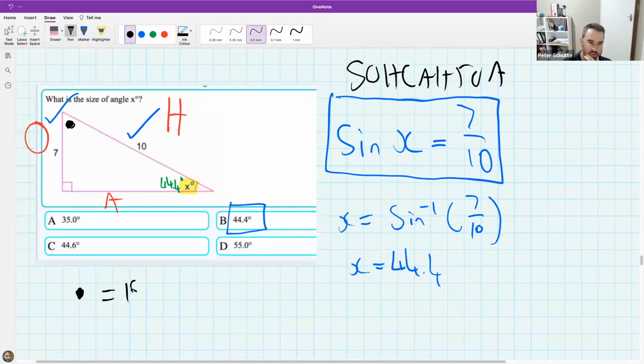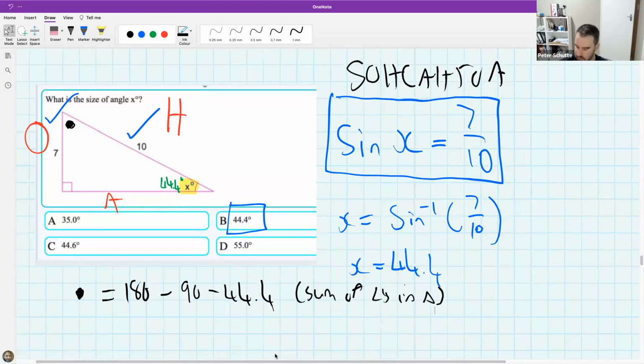Well, you know every triangle adds up to 180. So we'll get 180 minus 90 minus 44.4. What do we get? We get 45.6. Yep. And so this is what we call the complementary angle. So if this is the reference angle, that would be the complement to that.